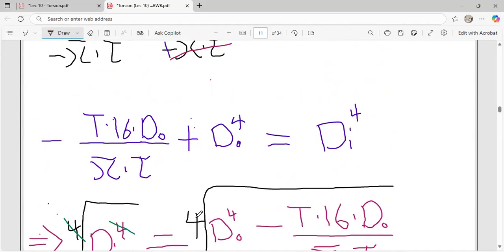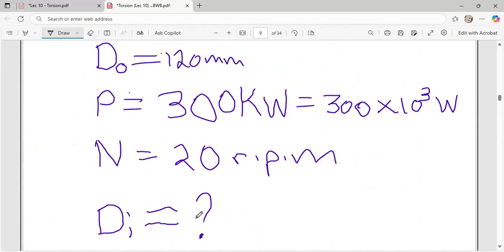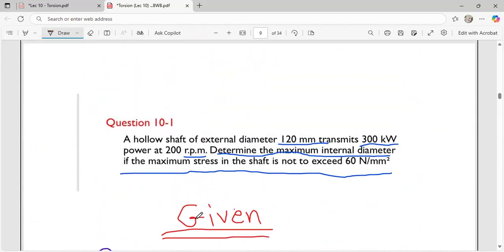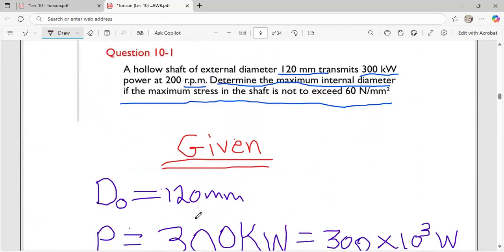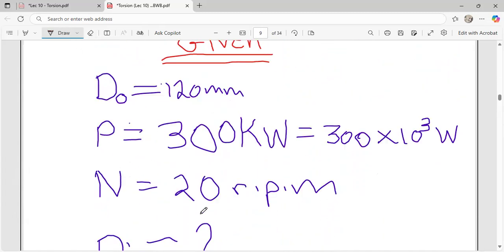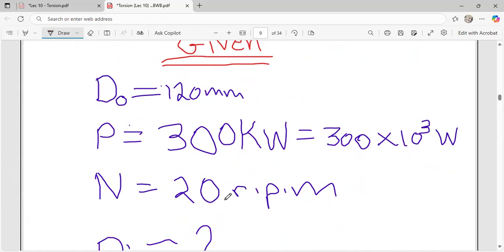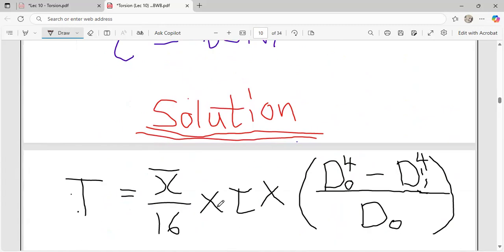So we just substitute our values into the equation to make life easier. Just one thing: we have to change the subject before we can solve. Other than that, we are good to go. We realize that we have our outer diameter, our power has been given to us, but the T is not given to us.